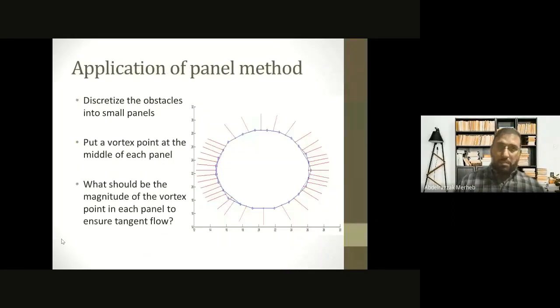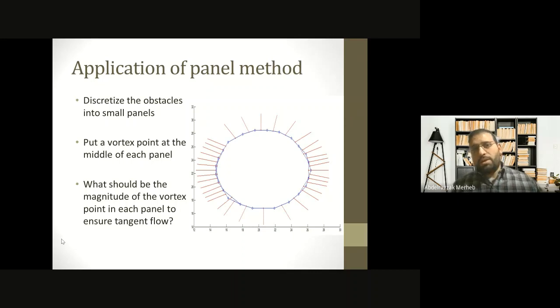If we'd like to apply the panel method, first we discretize the obstacles in the environment into small panels, and then put a vortex point at each panel, and then we apply the boundary condition, which is that the dot product between the normal to the boundary and the flow vector is equal to 0.